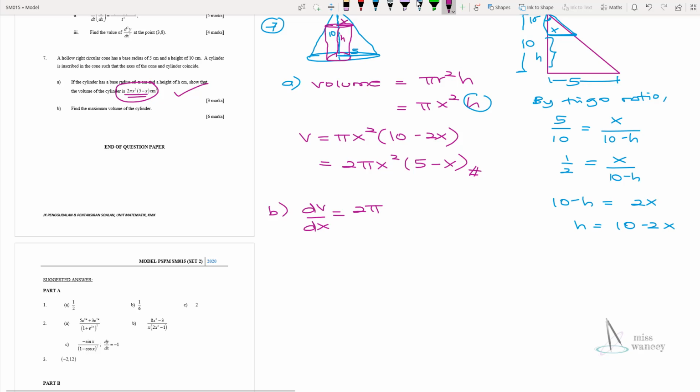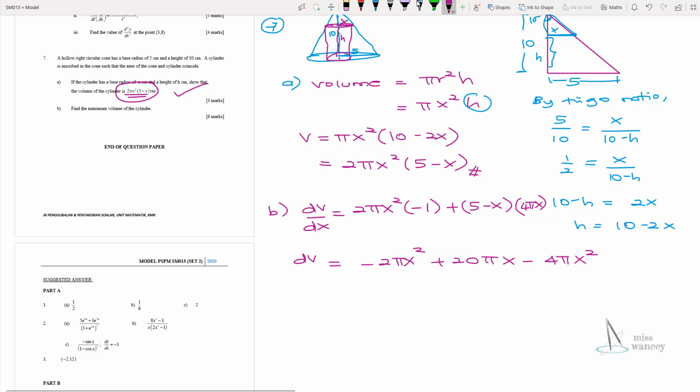So this one I definitely need to use some product rule. So 2 pi x squared differentiating 5 minus x is negative 1, plus 5 minus x differentiating 2 pi x squared, so it will become 4 pi x. Okay, so what it will give us is negative 2 pi x squared and then plus 20 pi x minus 4 pi x squared.